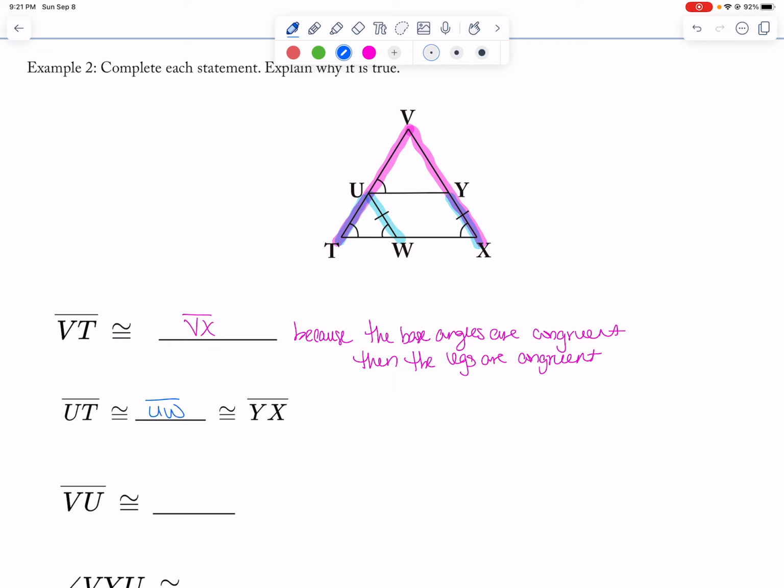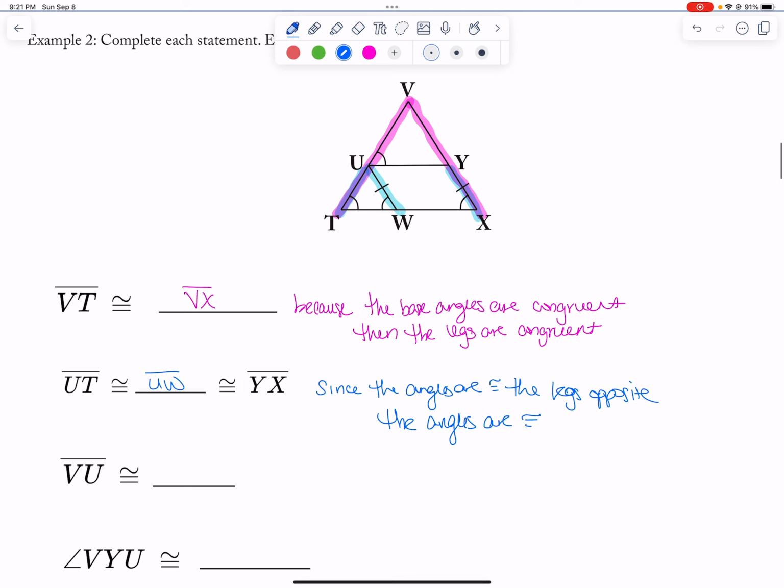And since the angles are congruent, the legs opposite the angles are congruent. Okay, so VU is congruent to VY, and that's segment addition postulate.